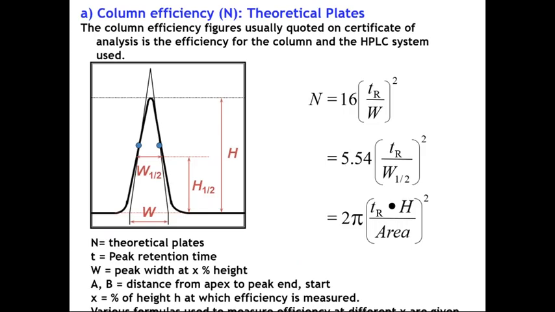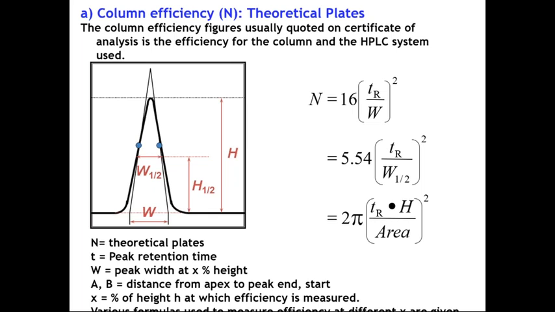So you can estimate the theoretical plates of the column, which will give you the column efficiency. The higher the number of theoretical plates, the greater is the efficiency of the column. You can determine it by injecting different compounds. The manufacturer will tell you how the theoretical plates are calculated.